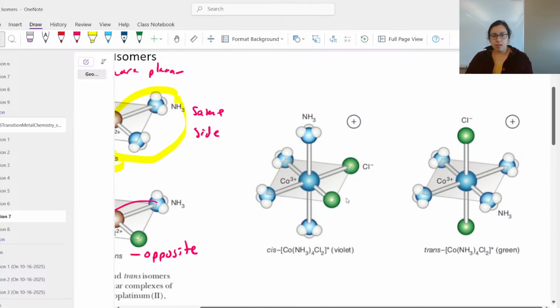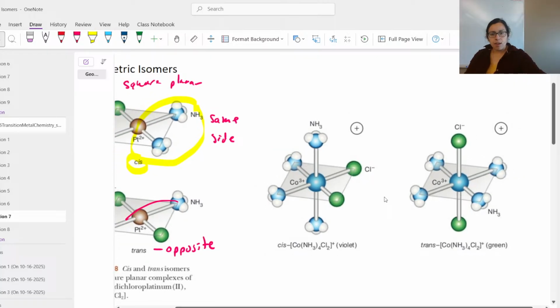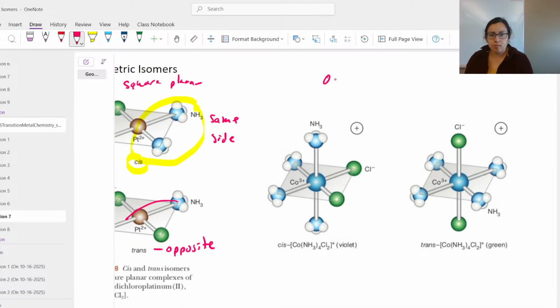Then for other isomers, for the octahedral complex, we can have the same sort of cis and trans isomers. Here you're looking at these 2 chlorines next to each other, and that's cis.